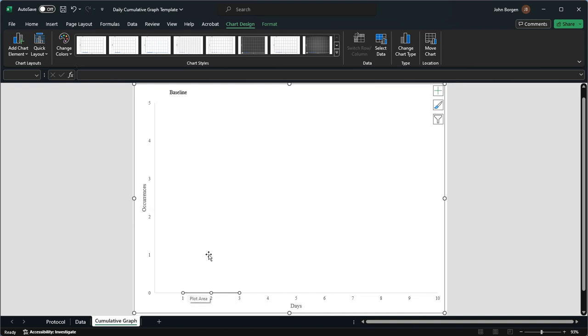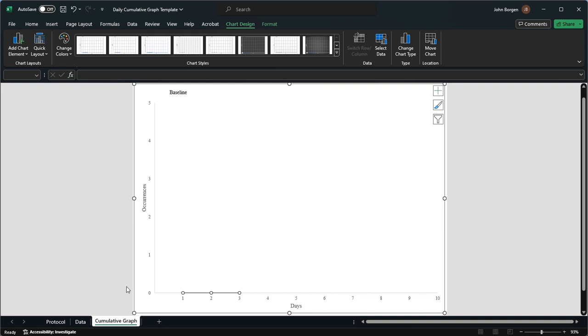If it goes up, it means it happened. The faster the line goes up, the more it's happening. The more the line stays parallel to the x-axis, the line stays flat and stable, the less the behavior is happening.